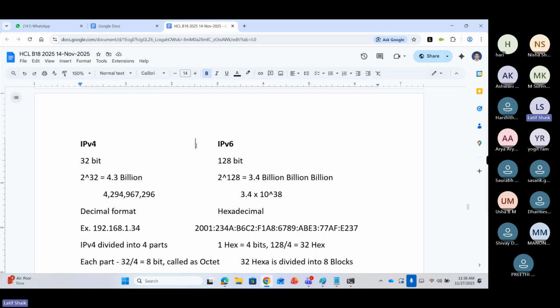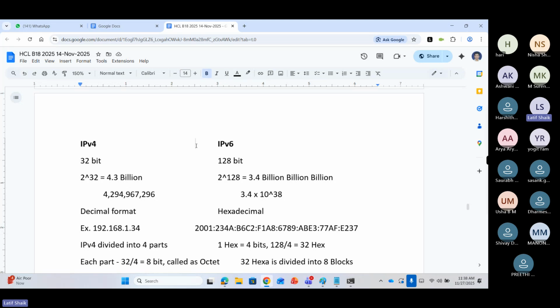IPv6 is faster, secure also, strong, and bigger in size. The total size of IPv6 is very big. In a single network, on average, in most cases, in any single IPv6 network, we can connect approximately 2 to the power of 64 devices.